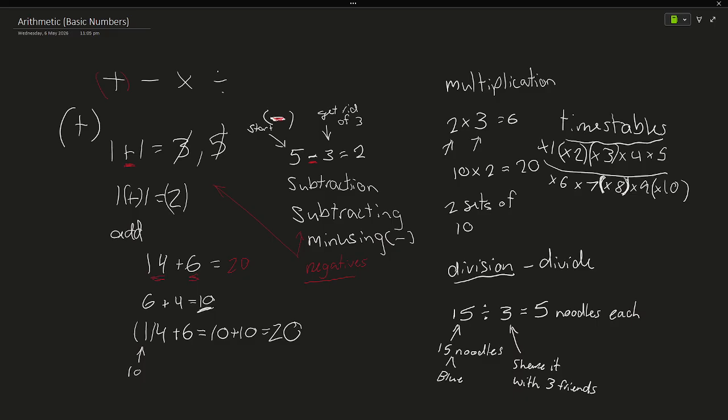Then we have multiplication, which we have a number and we times it by a set of numbers, which will give us what's called a product.